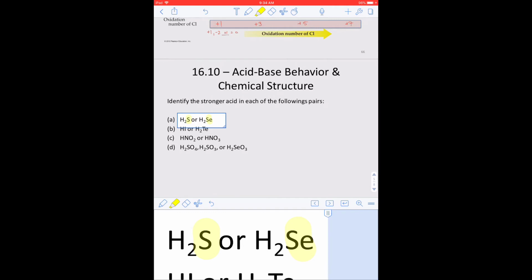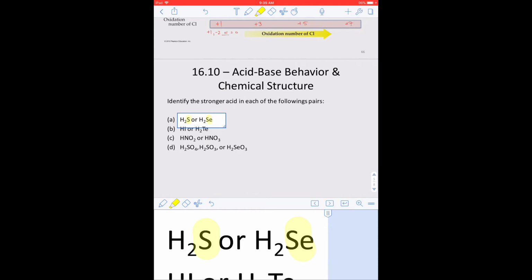Okay, so sulfur is above selenium on the periodic table, so we're in the same group, we're not across a period. So within the same group and having hydrogen directly attached, there are no bridging oxygens here, we want to think about size and electronegativity. And so sulfur is smaller than selenium. It's in the 3rd period versus the 4th period for selenium. So selenium is a bigger atom.